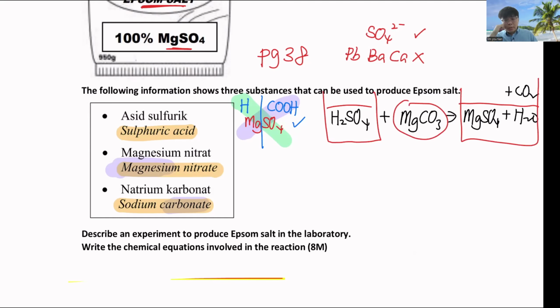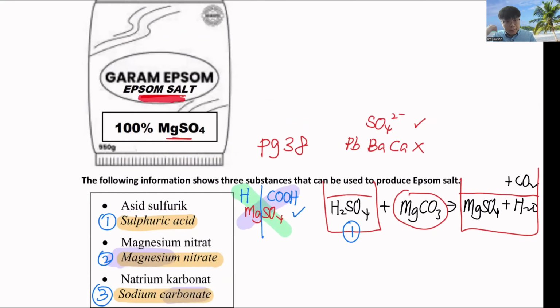So chemical 1, chemical 2, chemical 3. You have chemical 1 here to produce Epsom salt. The Epsom salt given here is 100% magnesium sulfate.